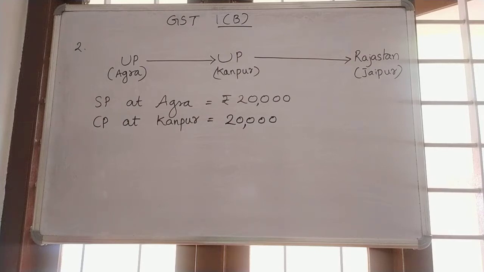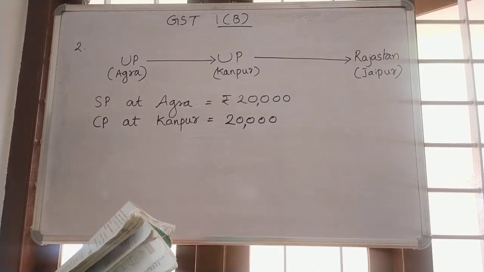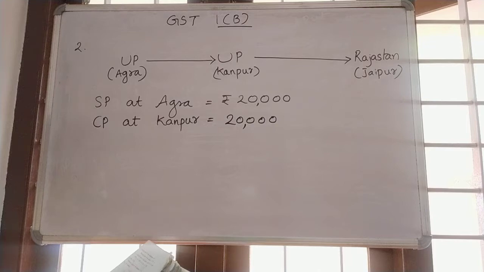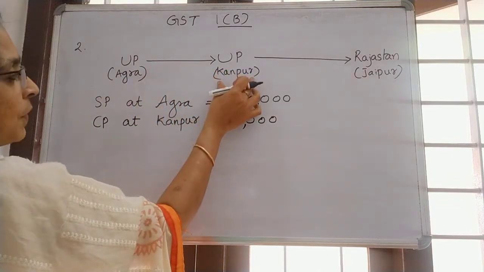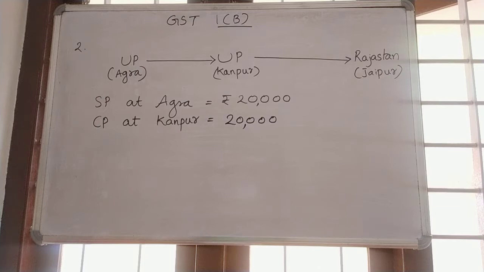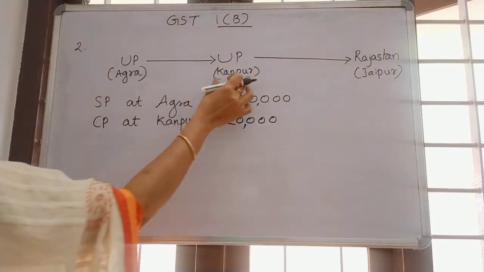Then, what is given? If the rate of GST is 18% and the profit made at Kanpur is 5,000. So here there is a profit of 5,000. What will be the selling price at Kanpur?